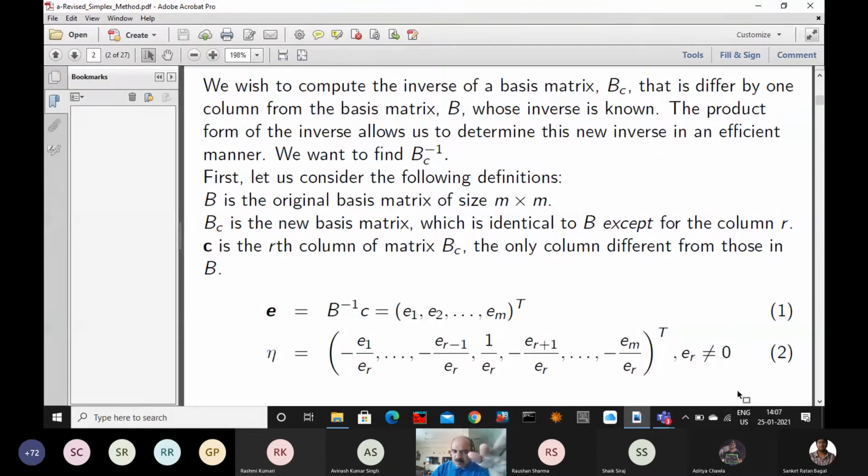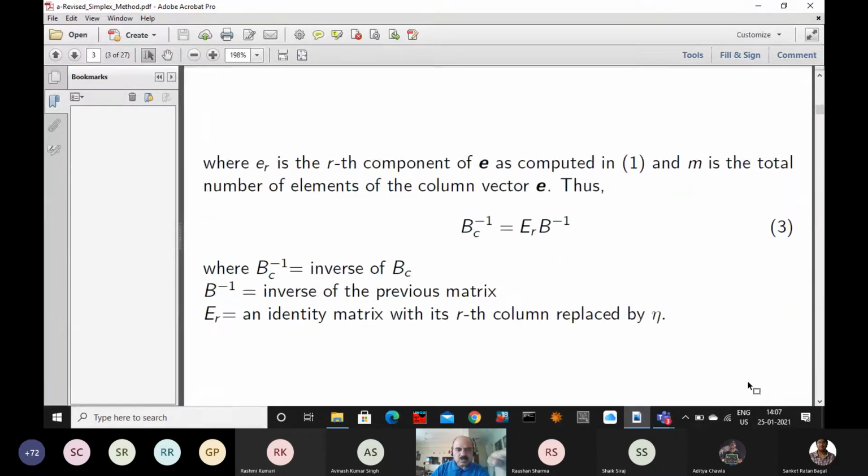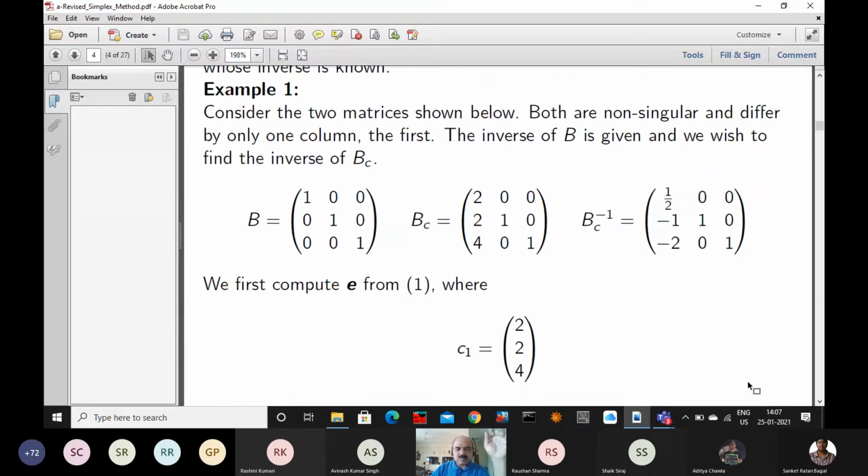Before that, I will cite a small example. This example will give some idea. Now consider two different matrices, B and BC. Our assumption is both are non-singular, so we can compute the inverse. Both are non-singular and differ by only one column.